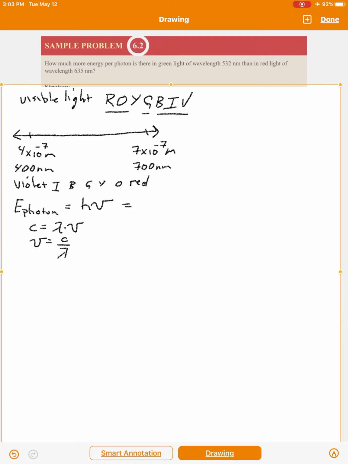So we can substitute this in here and have h times c over lambda. And that is another way to calculate the energy of a photon based on its wavelength. Again, the assumption here is it's the speed of light, so it must be operating in a vacuum or near vacuum conditions.